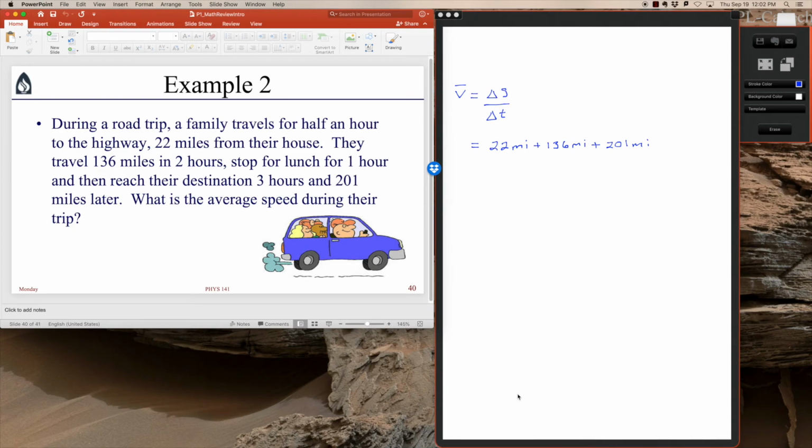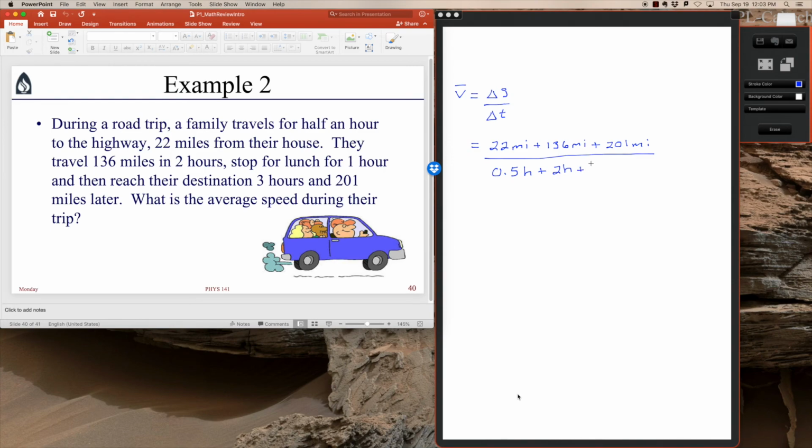Then we need to divide all of that by the amount of time it took to accomplish this journey. So first they traveled for half an hour, so 0.5 hours. Then they traveled for 2 hours. Then they took a 1 hour stop for lunch. That gets included too.